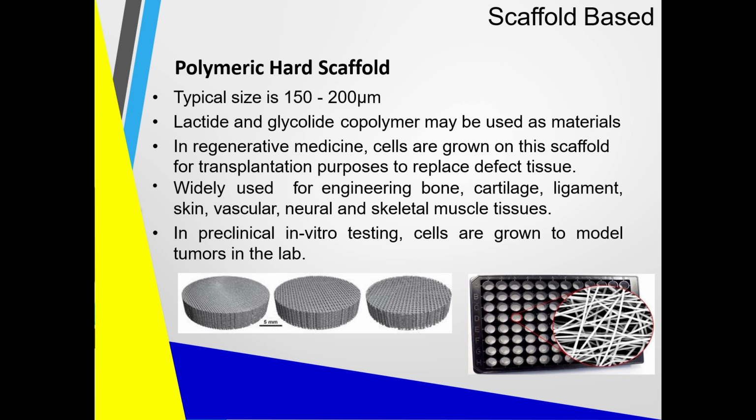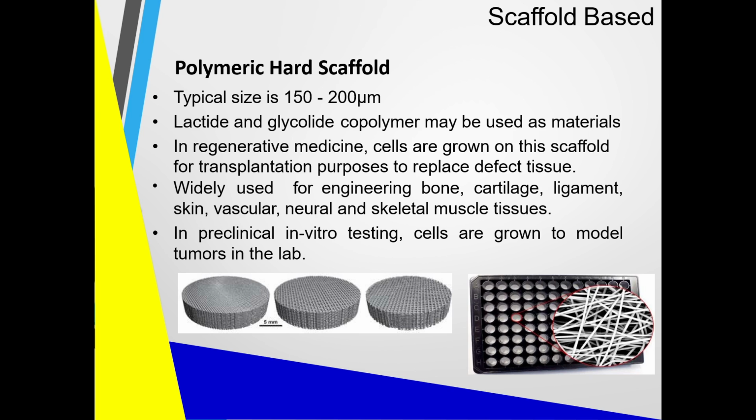First, for polymeric hard scaffold, typical size is 150 to 200 micrometer, and lactide and glycolide copolymer may be used as materials. So these are the polymers, lactide and glycolide.